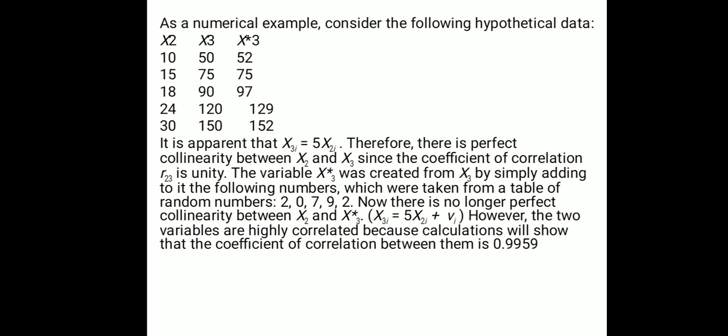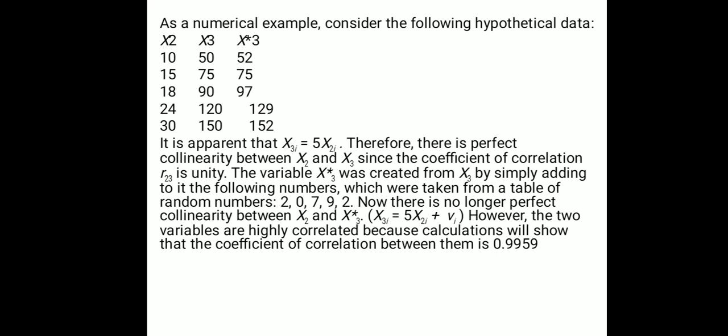So these figures 2, 0, 7, 9, 2, if you add them to the respective values of the series x3, we get the series x3 star. So there is no longer perfect collinearity between x2 and x3 star, because x3 star equals the values of x3 plus some error term, a stochastic term, that is 5x2 plus nu i.